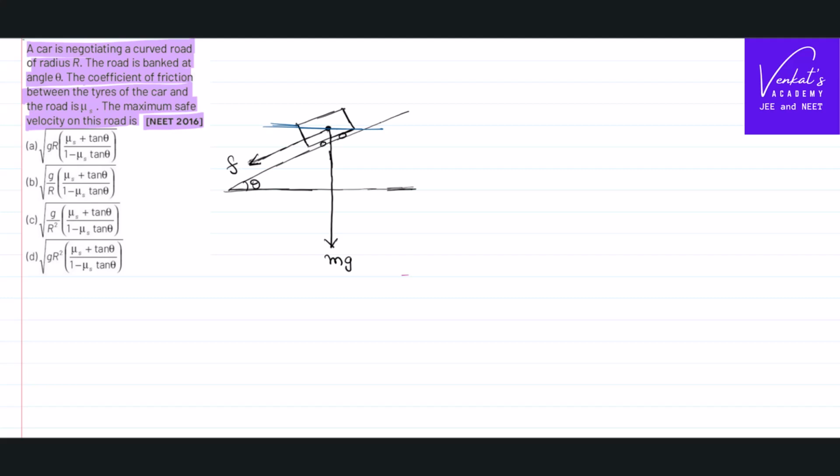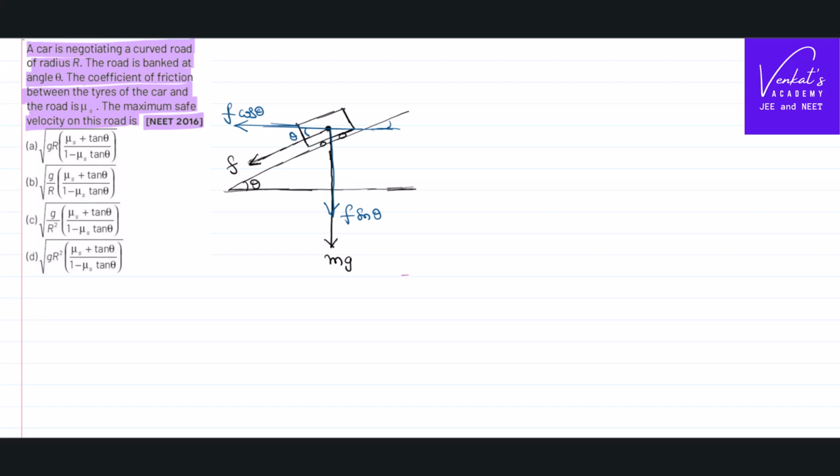As this angle is theta, this angle also will be equal to theta. This will be the adjacent component of that frictional force, F cos theta, and the other component perpendicular to that is F sin theta.